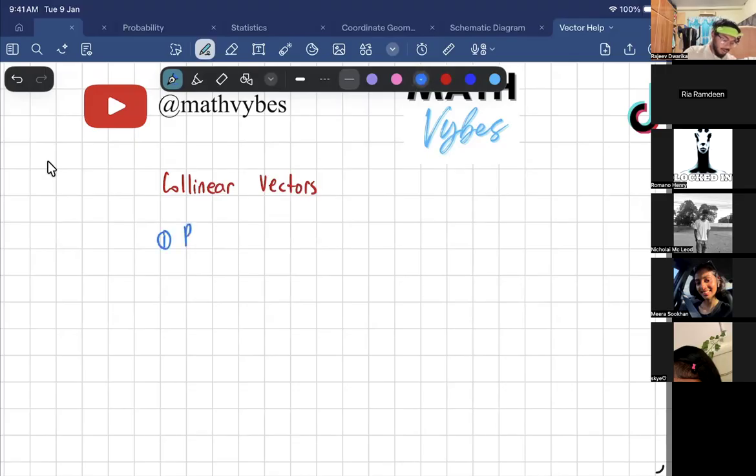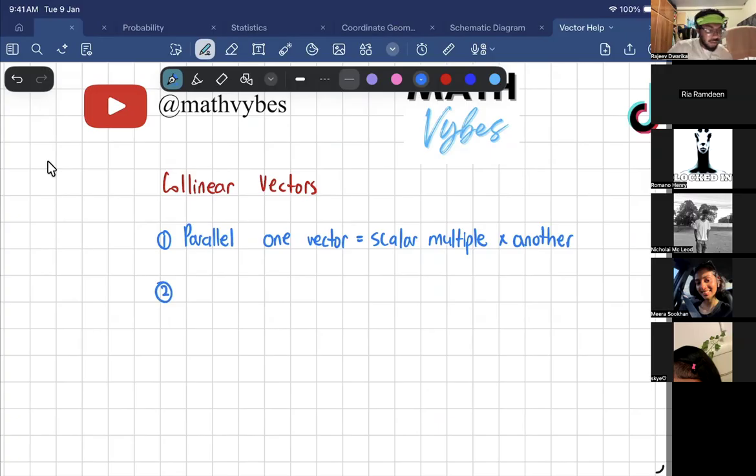So number one, they must be parallel, so I need to be able to write one vector as a scalar multiple of the other. And the other thing, if we're talking about collinear vectors, they must have a point in common, which would show that they're on the same line.